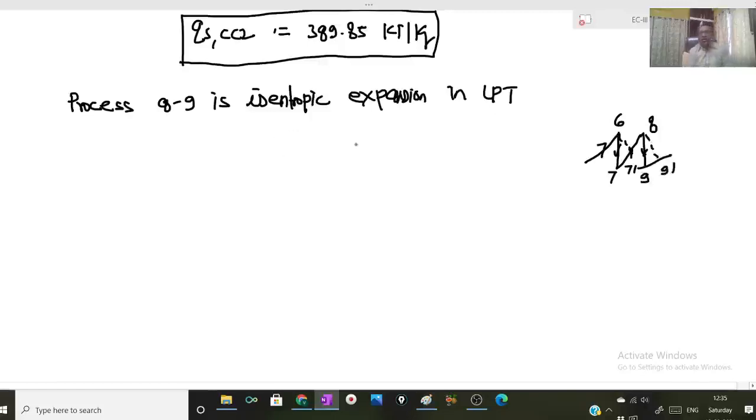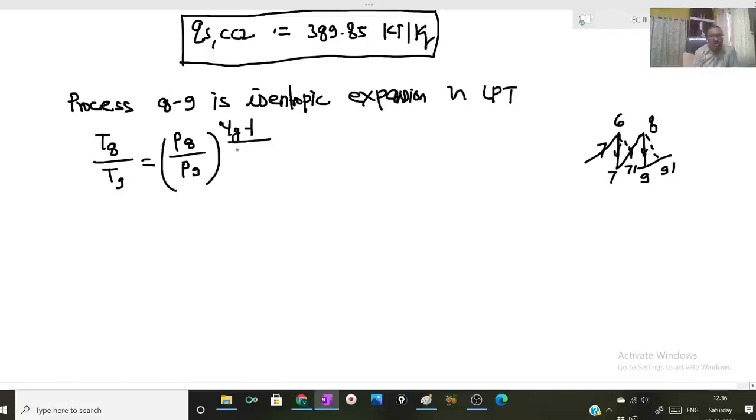So 8 to 9 is isentropic expansion in the turbine. That means T8 over T9 is equal to P8 over P9 to the power gamma G minus 1 over gamma G.